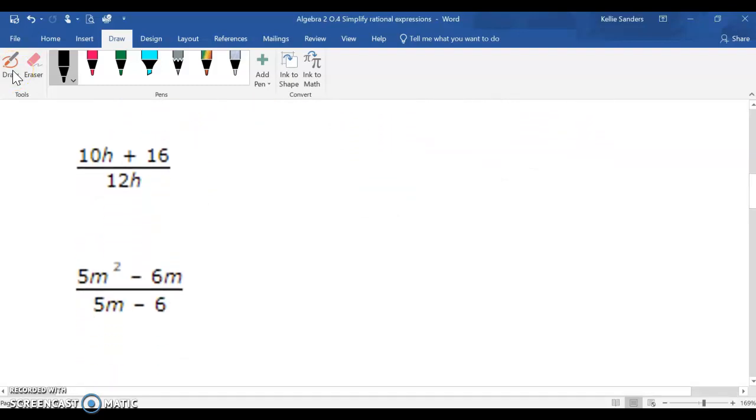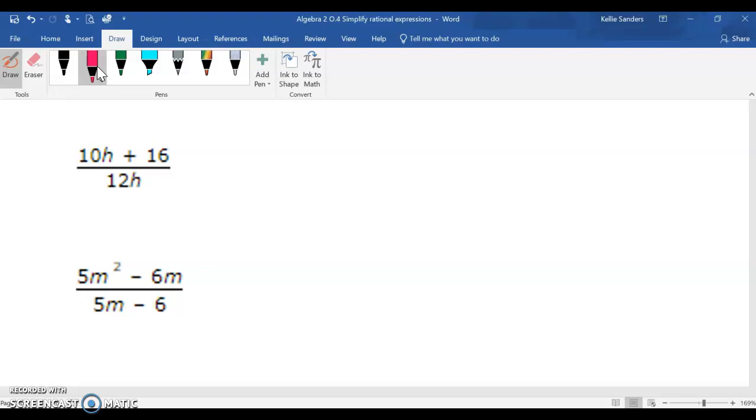Okay. On this, there are two ways of doing this. I see a 10, a 16, and a 12. I see all of them are even. Because all of them are even, I know at least 2 goes into them. But I'm going to pause for just a second and see if anything else goes into 10, 12, and 16 besides 2.